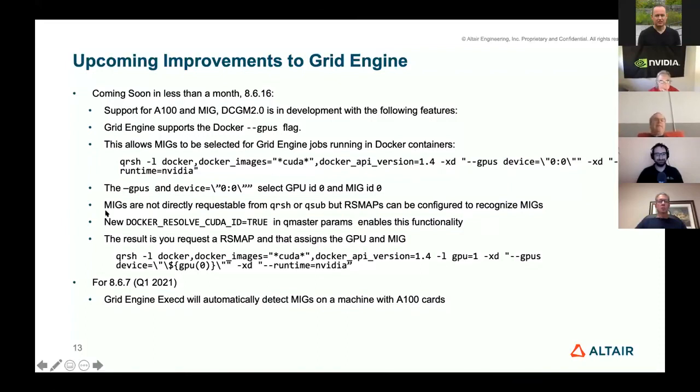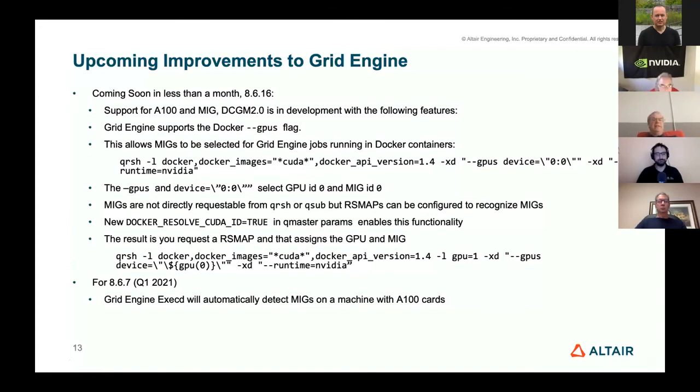One important thing to remember is in our integration right now, MIGs are not directly requestable, but because you can configure them in the RSMAPs, you ultimately are able to select them. So really the RSMAPs in Grid Engine represent the underlying MIG.